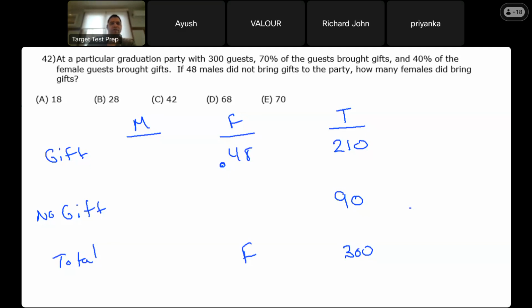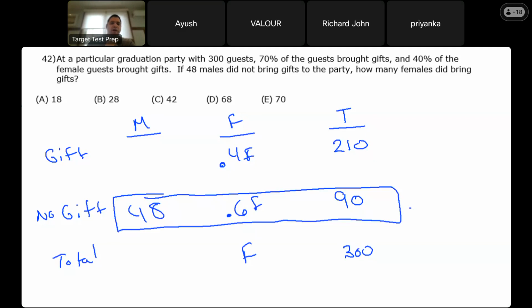So that's 0.4F. That means 0.6F did not bring gifts, and then we have 48 males with no gifts. So what we can do is create an equation here, right? We have 48 plus 0.6F is equal to 90.